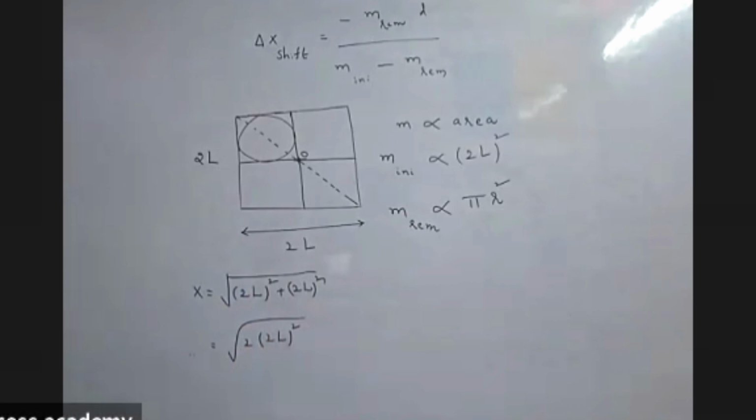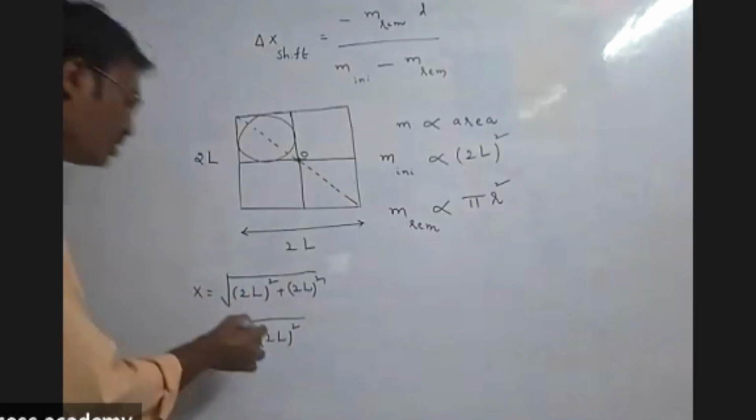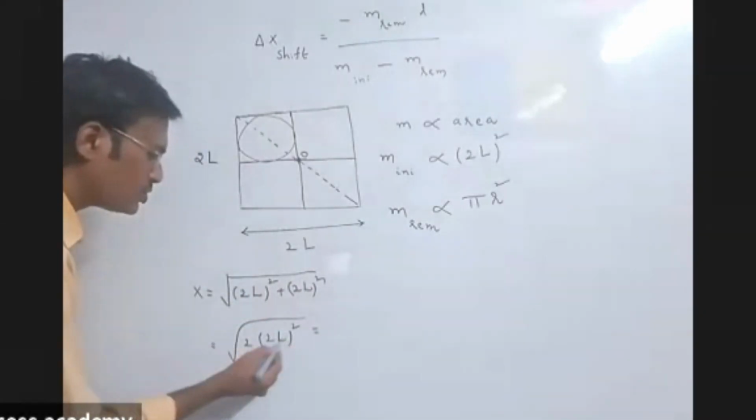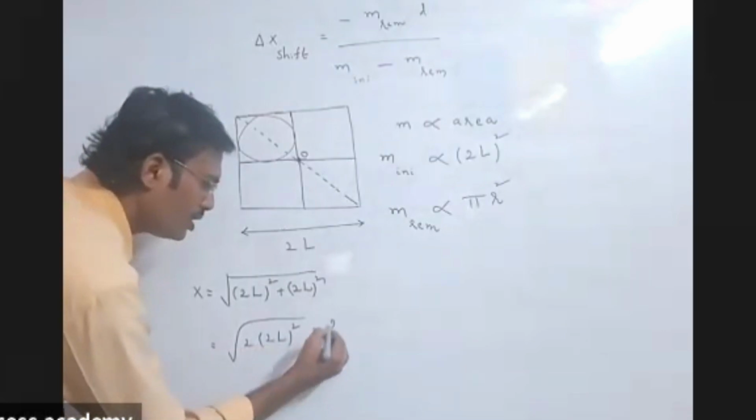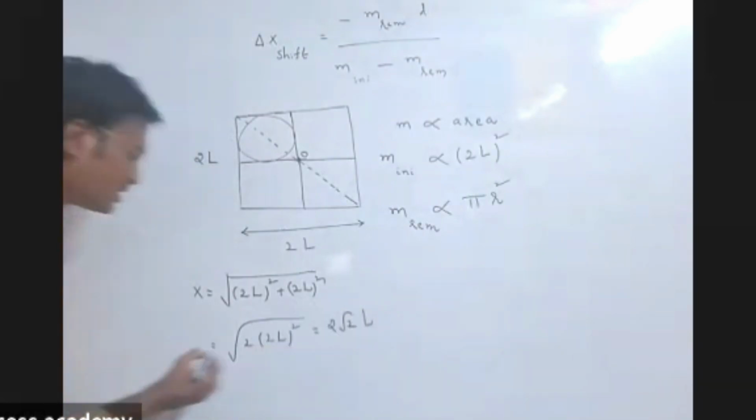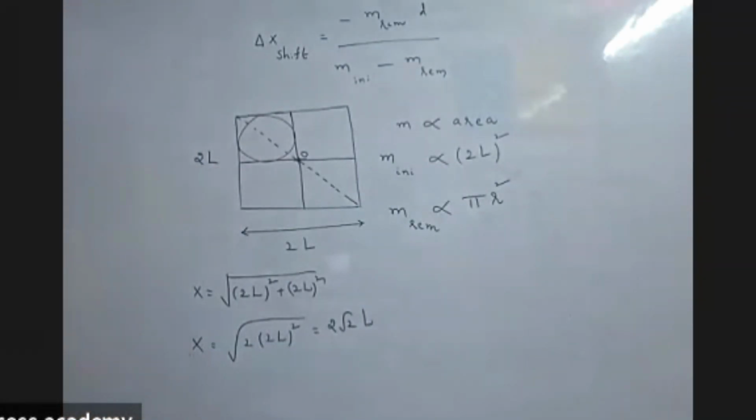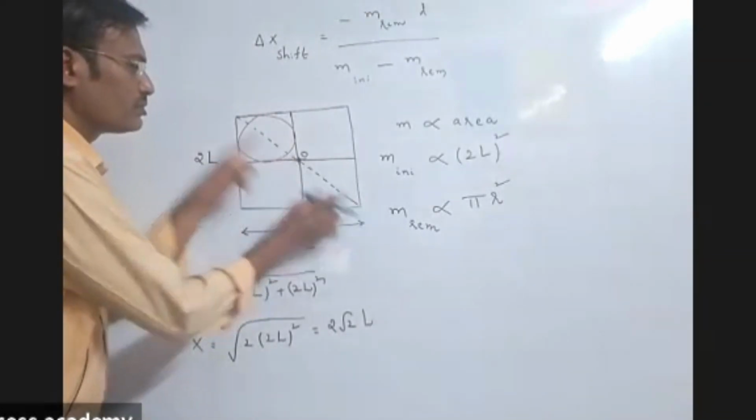And the 2l comes out, root 2 there only, 2 root 2 l. That is the diagonal. In that I am taking half. I require this.